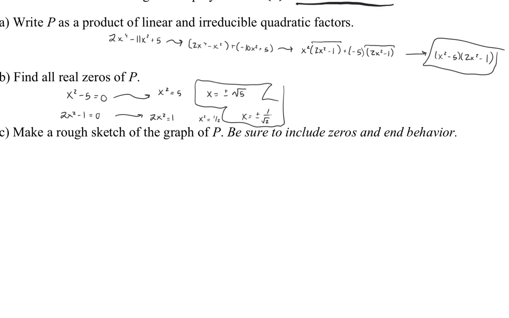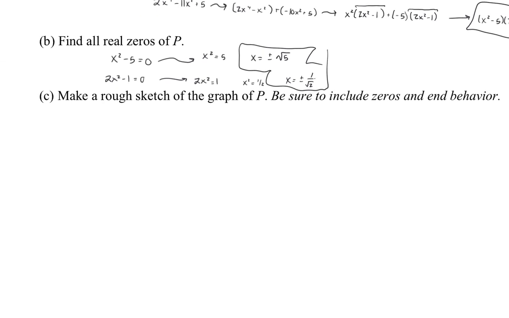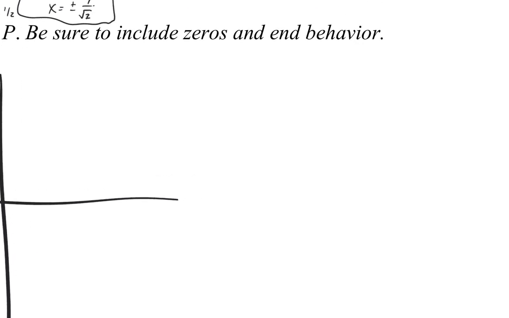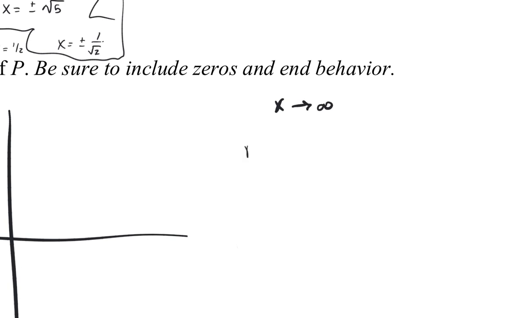Next, we want to make a rough sketch and graph of P, including real zeros and end behavior. So I'm going to go ahead and draw. If we think about our function, we want to check the end behavior. As x goes to infinity, we'll be looking at our 2x to the fourth and so on.